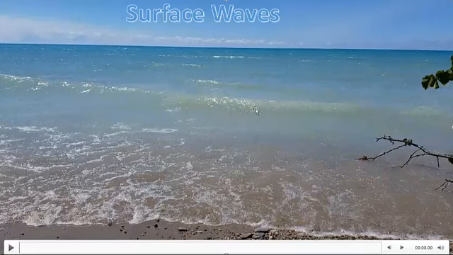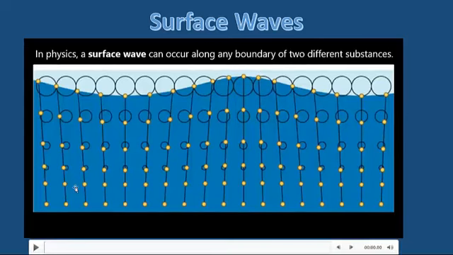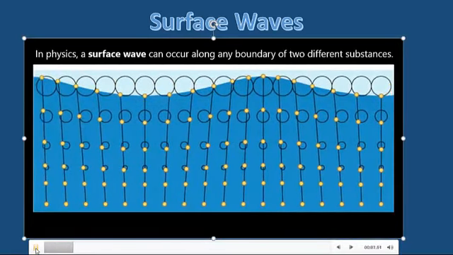So what exactly is going on? What exactly is going on with the water molecules to make these waves do what they do? So here is an animation of how surface waves work.